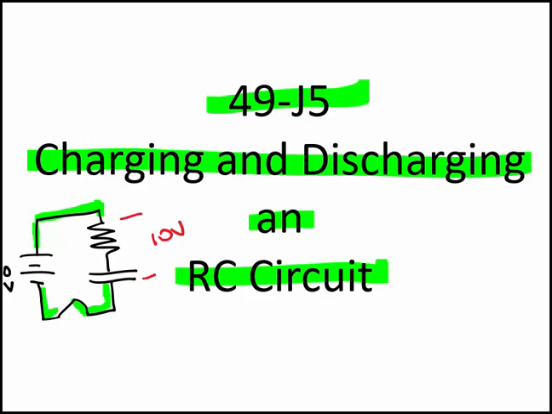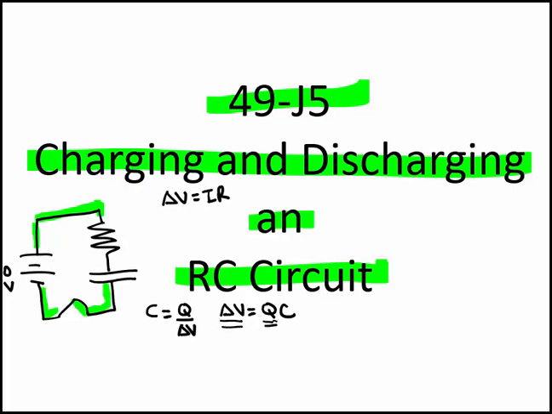And so we have to think about our equations, and the two equations we have is delta V is equal to IR, and C is equal to Q over delta V, so delta V is equal to Q over C. Now, is that voltage difference causing that charge, or is that charge causing that voltage difference?